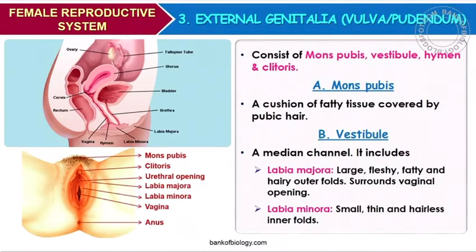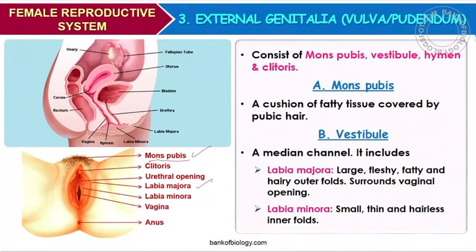And then the external genitalia. External means morphologically we can see this. It consists of the mons pubis, vestibule, hymen, and clitoris. The mons pubis is a cushion of fatty tissue covered by pubic hair.